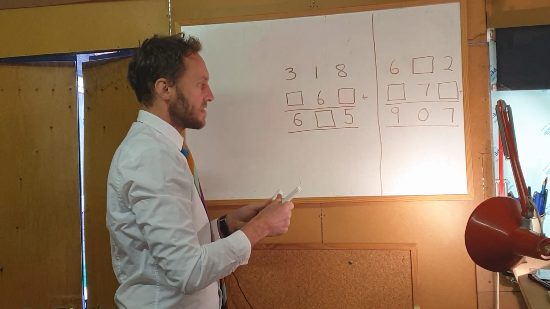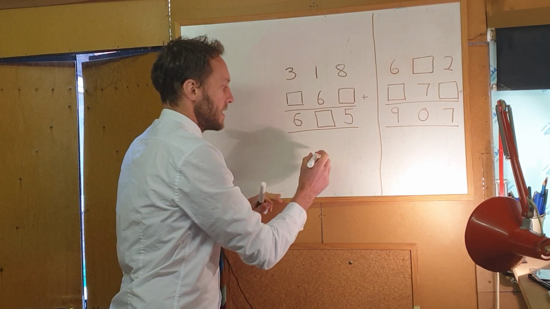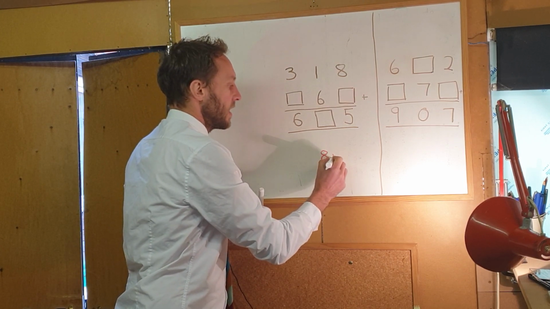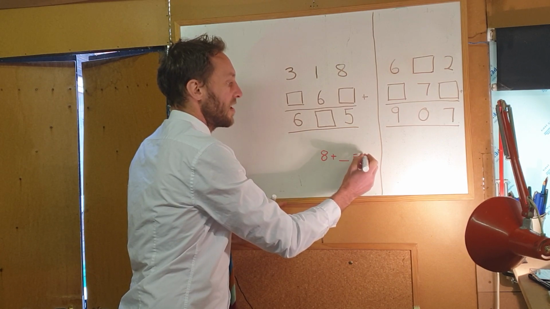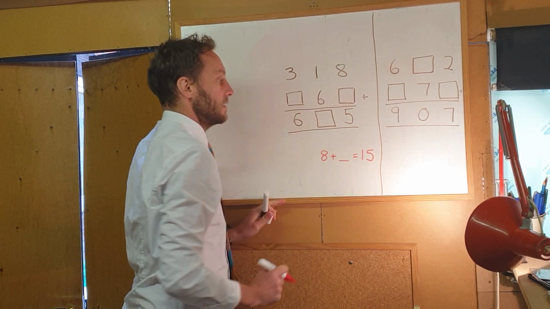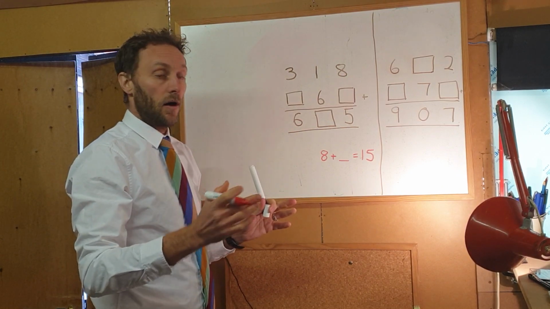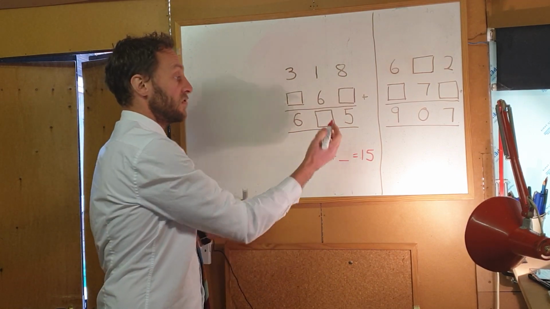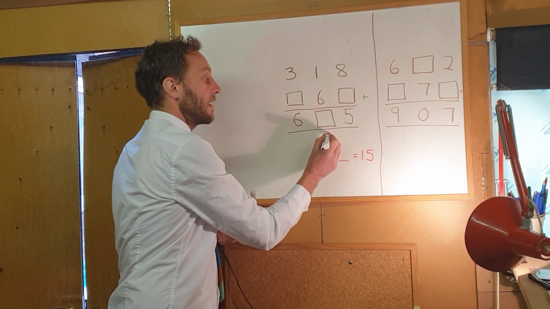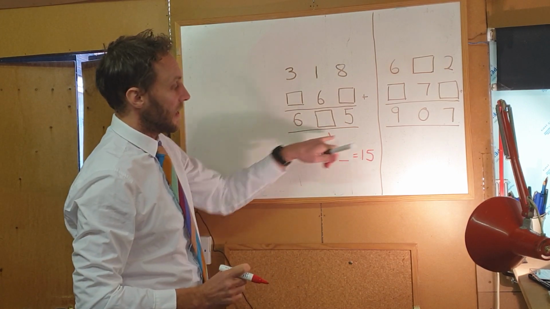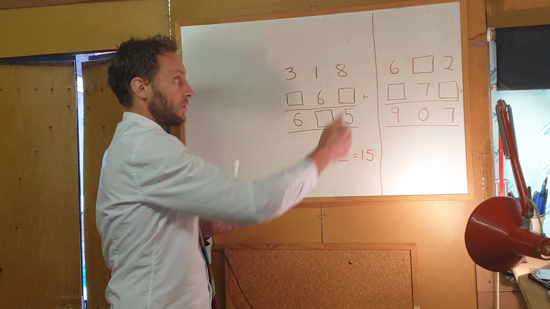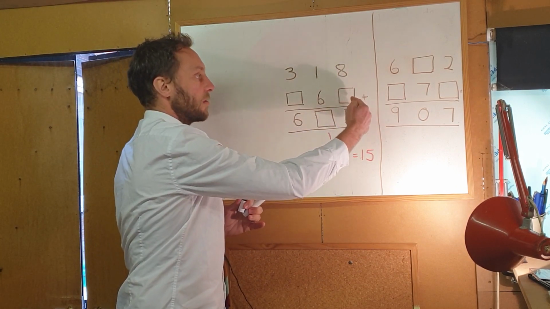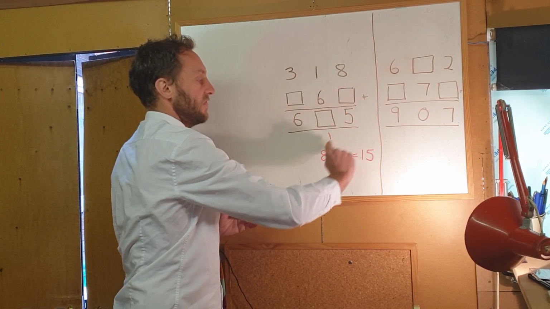So that makes me think that this is going to be 8 add something equals 15. Now, when I teach, I normally teach people to show the value that they think is going to be carried or exchanged in the calculation. So 8 add something equals 15.